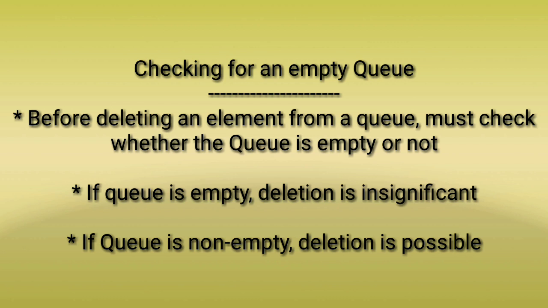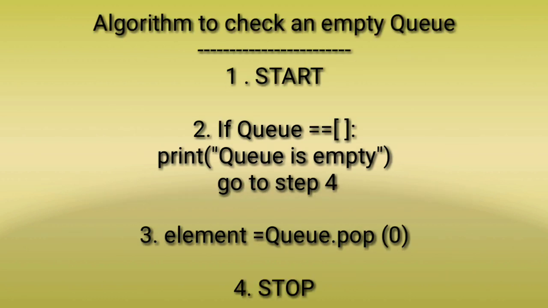If a queue is empty, deletion is not possible. So if you want to delete an element from a queue, you should check whether the queue is empty or not. Now we can move to the algorithm to check an empty queue.